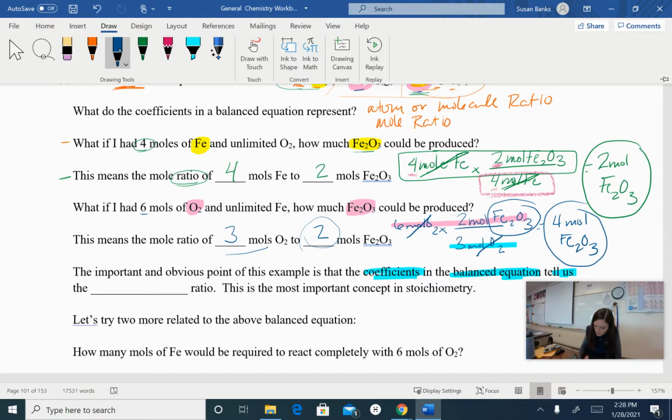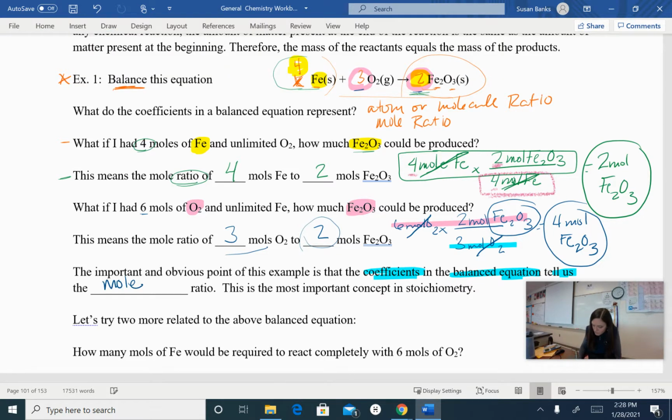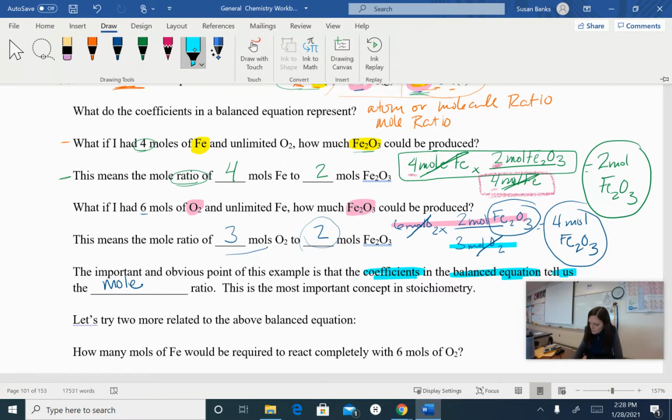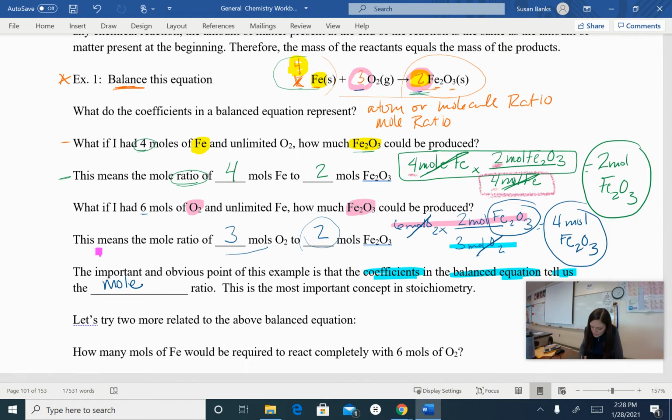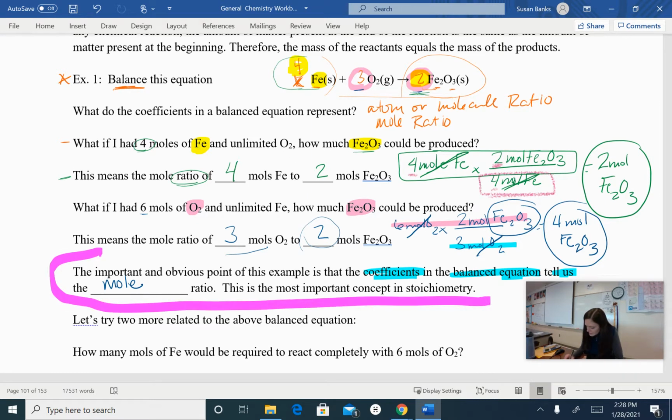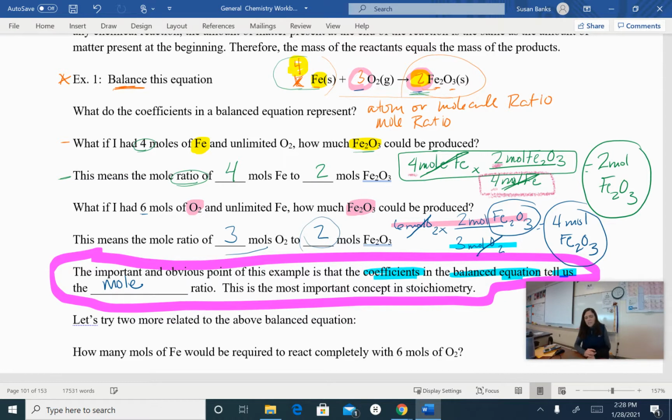They tell us our mole ratio. Okay, this is the most important concept of Stoich. So I'm going to draw around this box to kind of highlight it. This is the concept of stoichiometry.